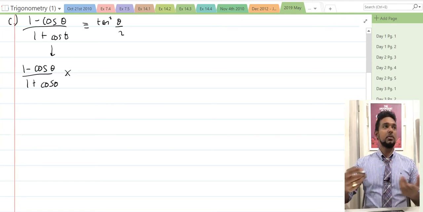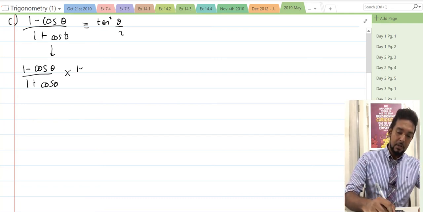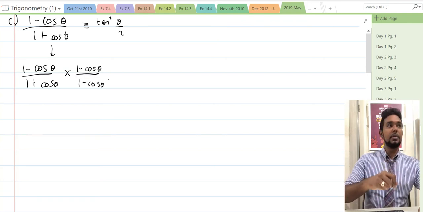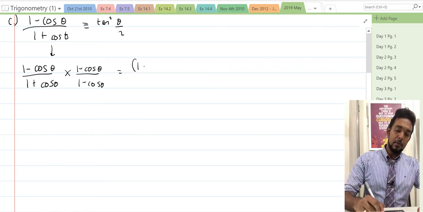Alright, so we try to apply the difference of two squares, right? So let's try that. We multiply by 1 minus cos theta over 1 minus cos theta. That would cause the denominator to turn into the difference of two squares, right? So the numerator would be 1 minus cos theta all squared.